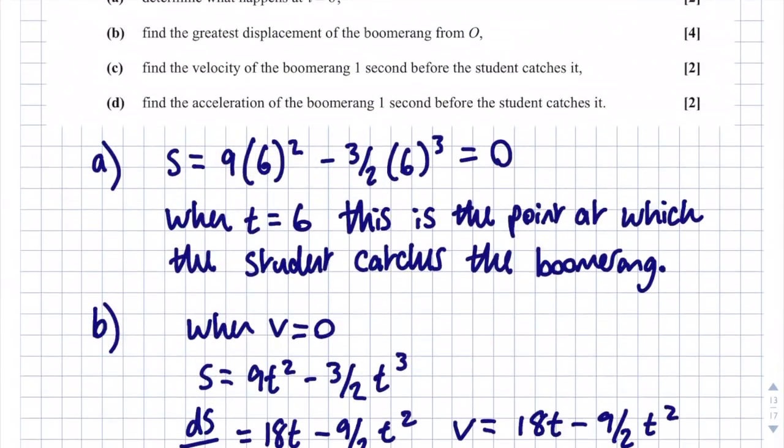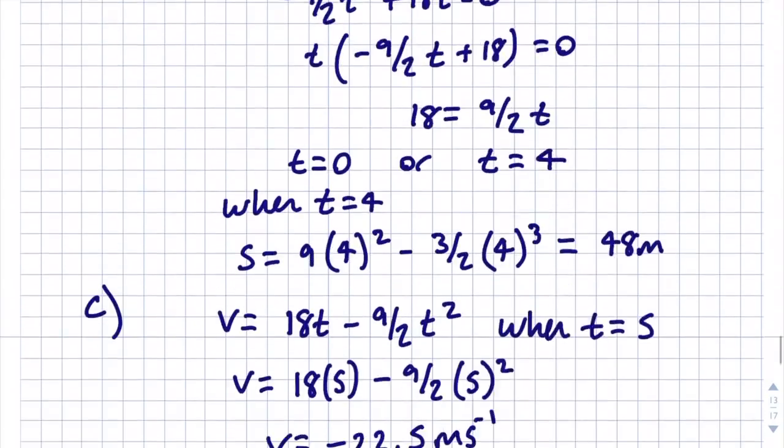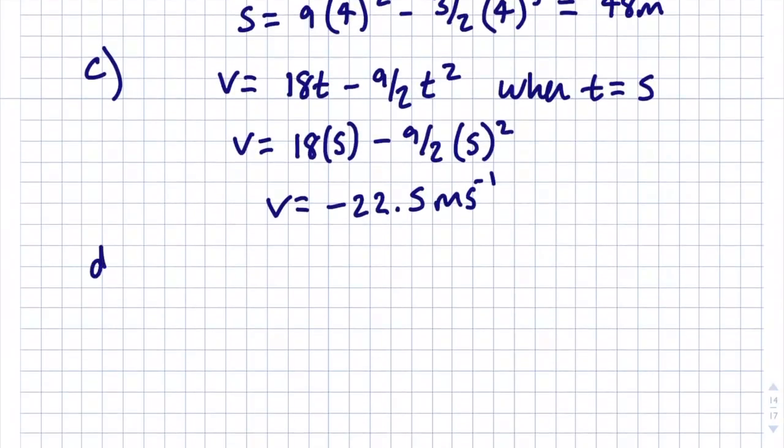Now part D says find the acceleration of the boomerang 1 second before the student catches it. Okay, so remember, acceleration is the rate of change of velocity. So if we differentiate our velocity, it's going to give us our acceleration. We know v equals 18t minus 9 halves of t squared.